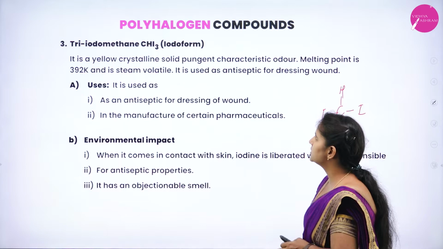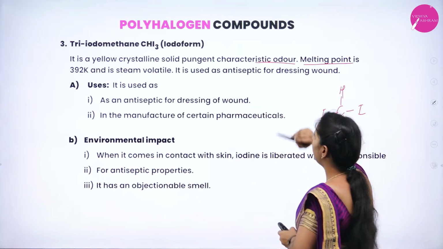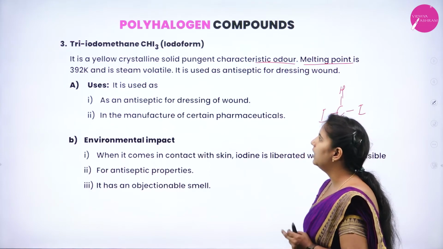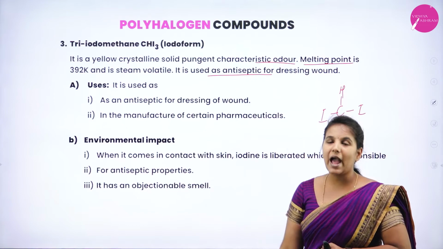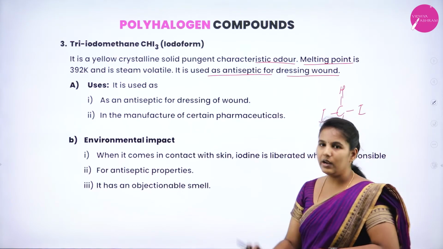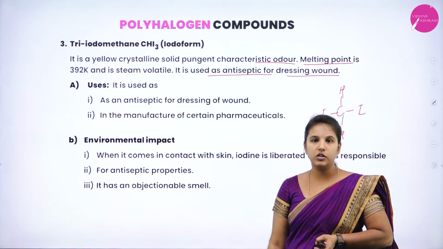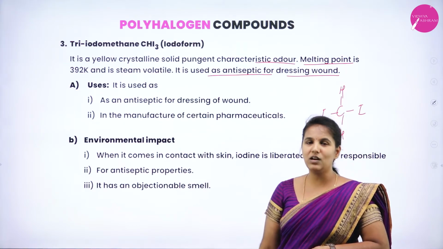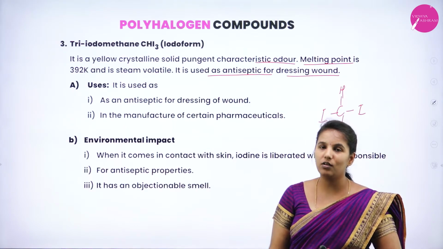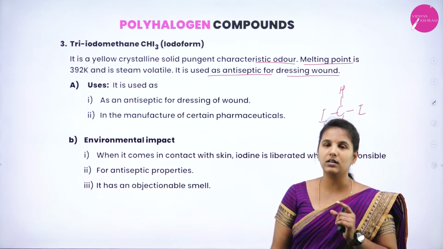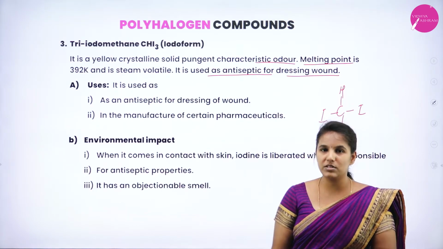It is a yellow crystalline solid with a pungent characteristic odor with a melting point of 392 Kelvin and it is steam volatile and it is used as an antiseptic agent for dressing of wounds. So hope you know that when you visit the hospital, they'll clean the wounds by using this iodoform, or a dark brown colored solution they'll use. So it is one of the antiseptic agents.